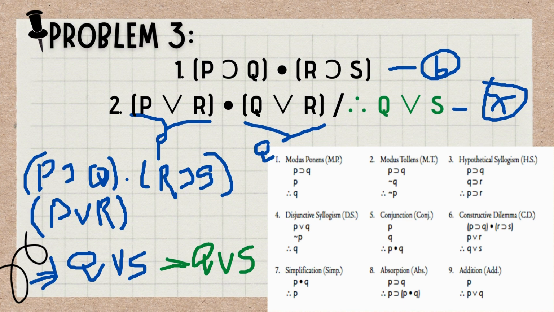As you already have the first premise and the second premise value, now apply the sixth rule, constructive dilemma: P implication Q, conjunction R implication S, P disjunction R, therefore we get Q disjunction S. Applying rule 6, we get the conclusion. So LHS is equal to RHS, that's proved.